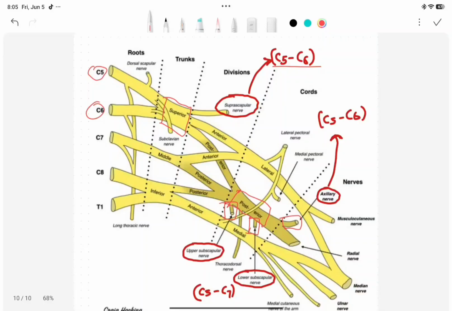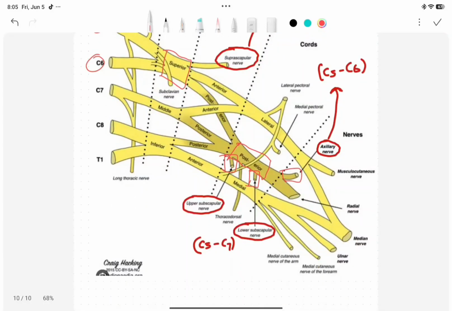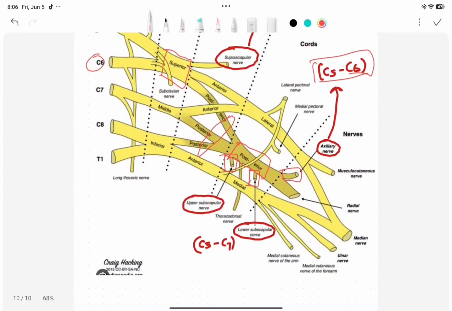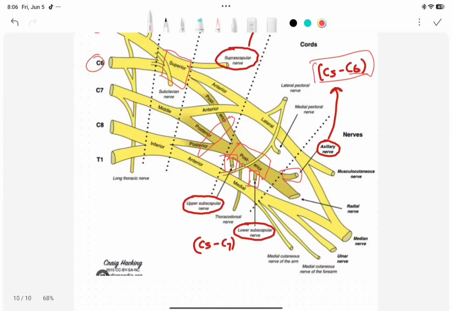The posterior cord is made of all three divisions of the trunks, so it will contain all the root values.